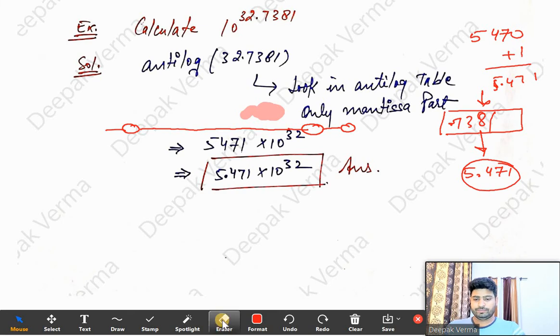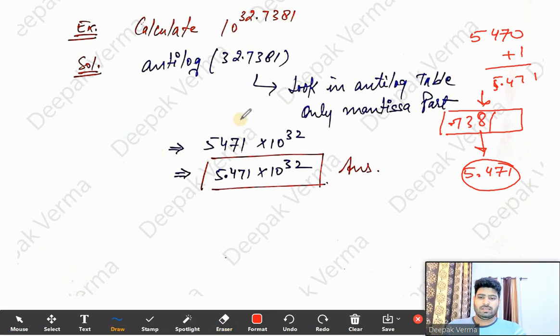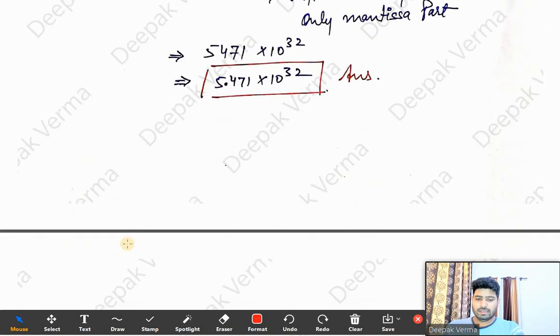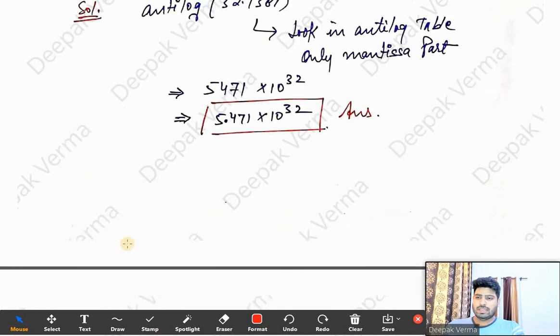Look, this is our question. So you can see the antilog of 0.7381 is 5.471, so the answer is 5.471 into 10 to the power 32. So this is how we use the antilog table. This is how we find antilog and logarithm. Hope it is clear, and our chapter on logarithm has finished now.